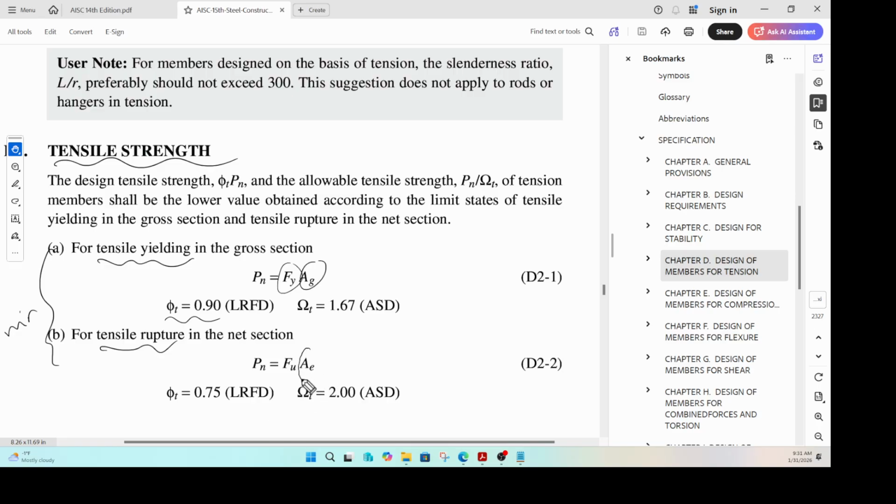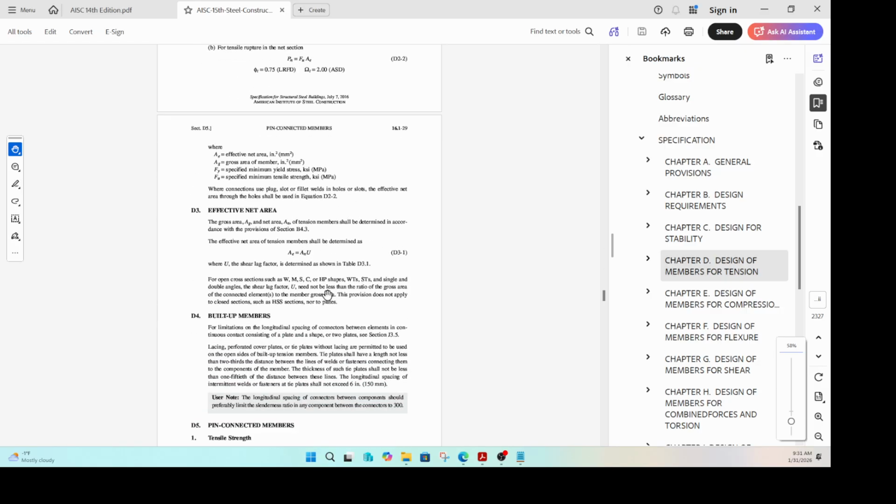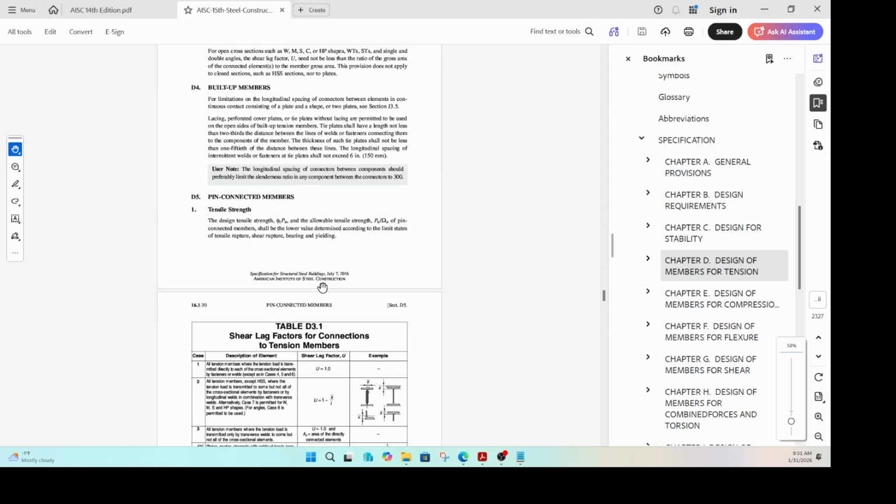You need something called a net effective area, and that is nothing but net area times your U, and that particular U is many times a function of your x bar and L, and it has a table. You need to understand the configuration of your connection to calculate your strength there. Okay, so that is about this.